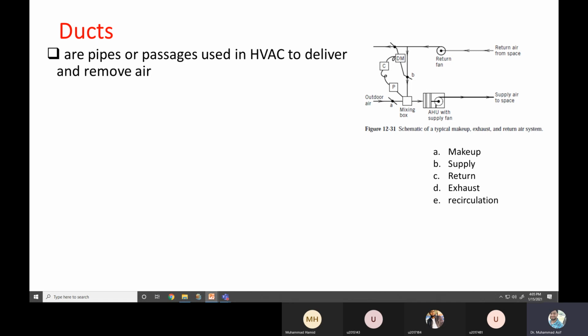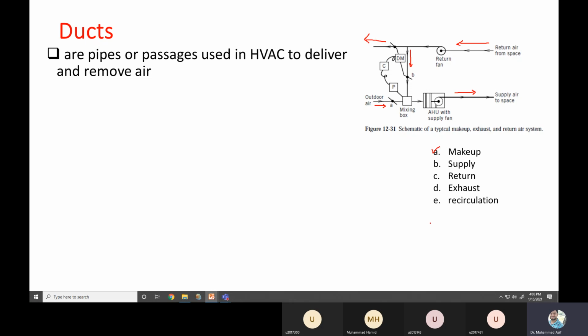As you can see in this figure, we have different types of ducting. One of them we call the makeup duct. Then we have the supply duct, the return duct, and then the recirculation duct or the exhaust duct.